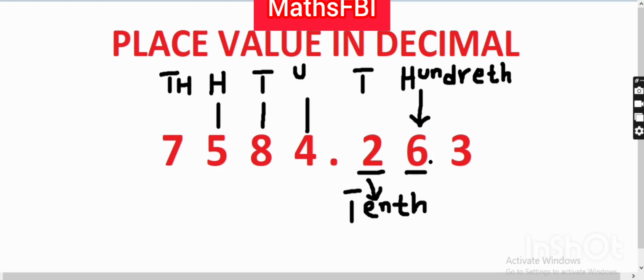So this number 3, which is the last here, represents thousandths.